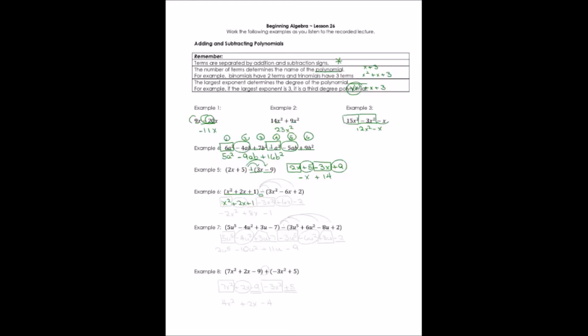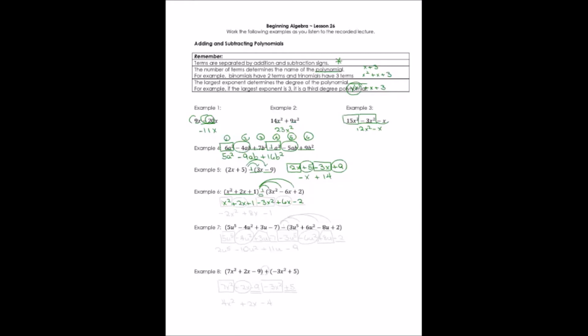Then I distribute the negative, or -1 if you want. You can say I multiplied everything times a -1. A negative times 3x squared would be a -3x squared. -1 times -6x would be a +6x. And -1 times a +2 is going to give me a -2.